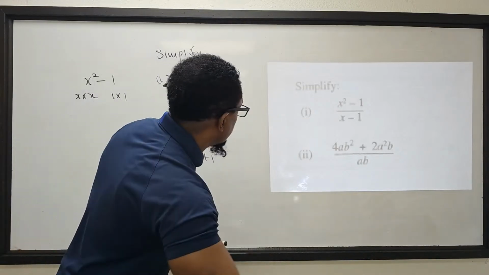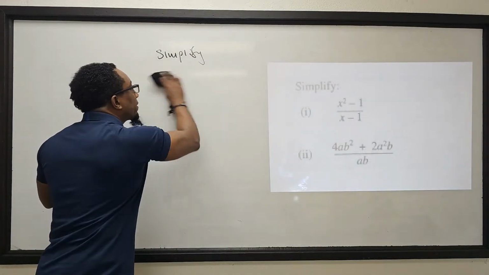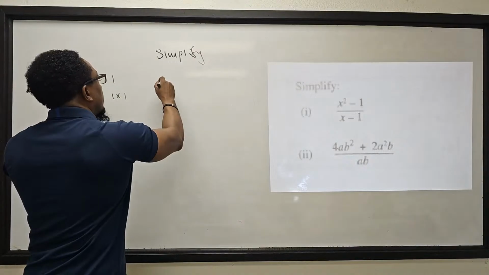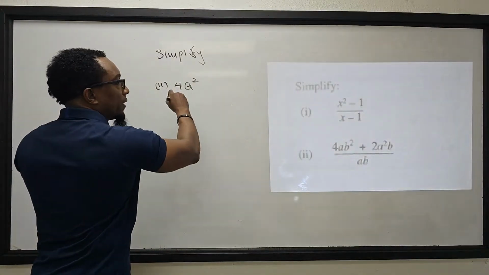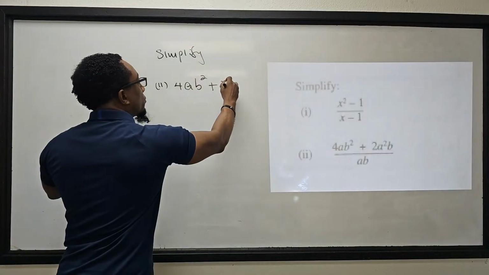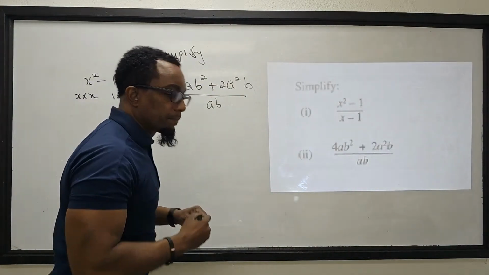Let's look at part 2. So they ask you to simplify, and we have 4a squared b minus ab squared plus 2a squared b over ab.